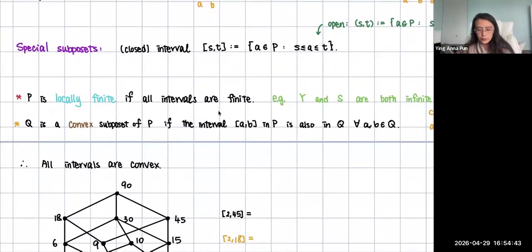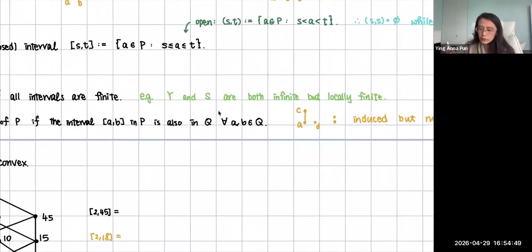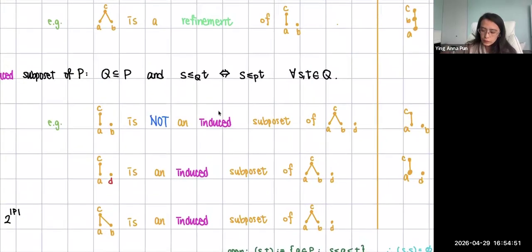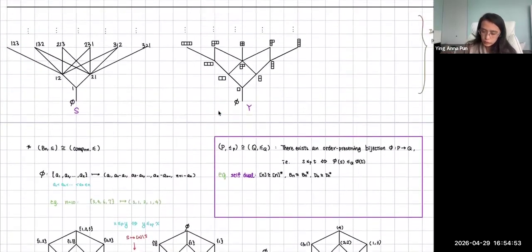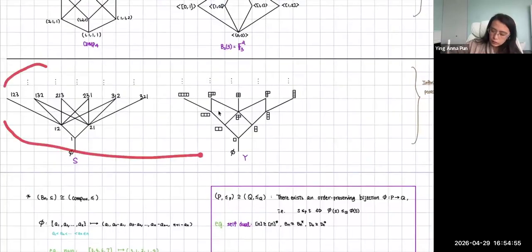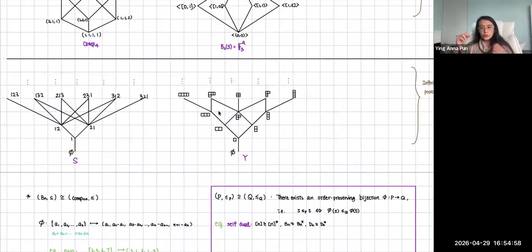And then you will see something called locally finite. A poset is locally finite if all the intervals are finite. For example, we have these two things here. But if you choose two comparable elements and try to find all the things in between the two elements, you can always find a finite set.